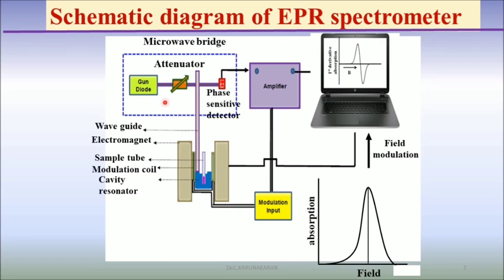A Gunn diode is used to generate the monochromatic microwave radiation. It uses a phase sensitive detector to convert the absorption signal into a derivative signal.